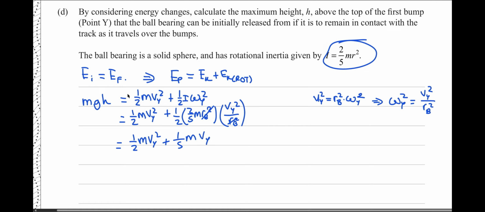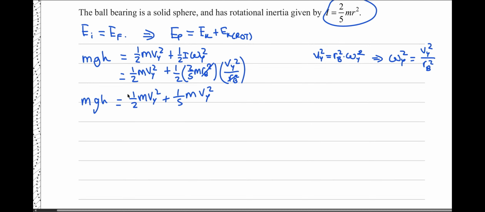So m vy squared. Actually, before we add the two fractions, I'm just going to cancel this unnecessary mass term here. So we just get the result gh equals half vy squared plus 1/5 vy squared. And so gh is just going to be 5 plus 2 is 7 over 10 vy squared.